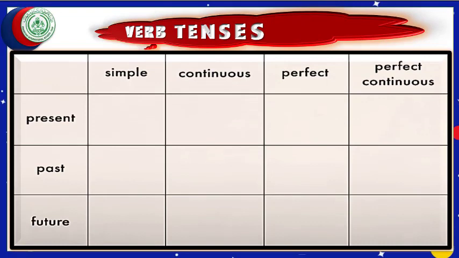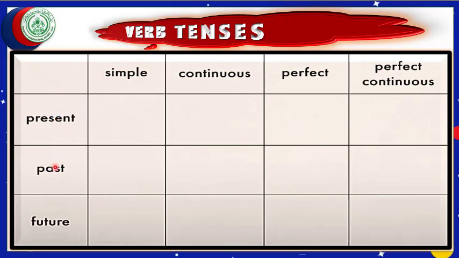Dear students, as we discussed, there are three types of time. Each verb form has two parts. One part is time and the other part is aspect. What is time?